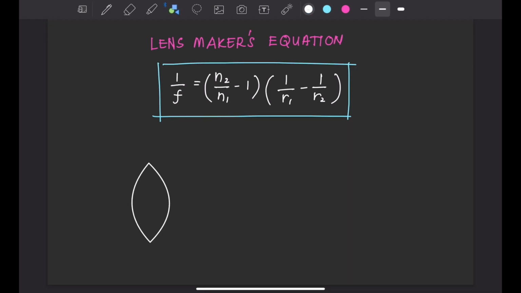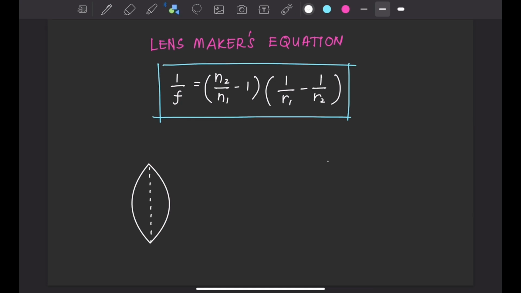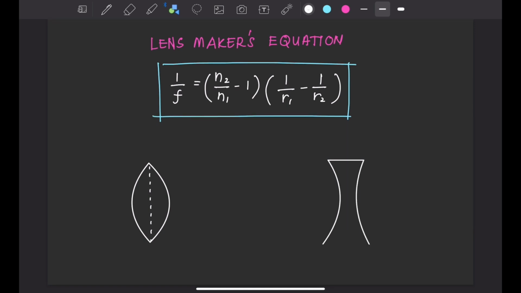So this is our convex lens, and this is our concave lens. Now we have two surfaces, that means we have two radii of curvature. This is r1 and the other side is r2.